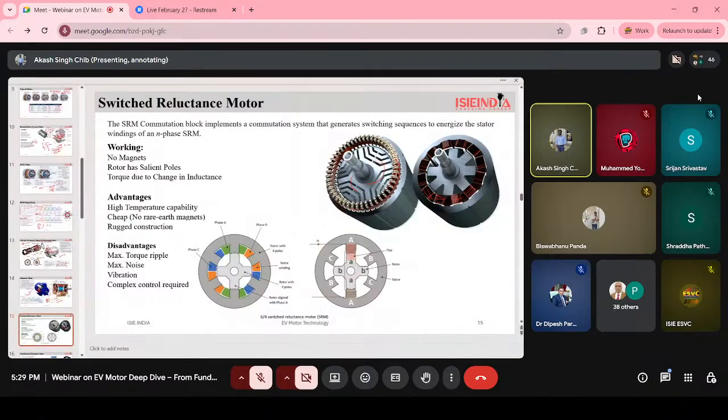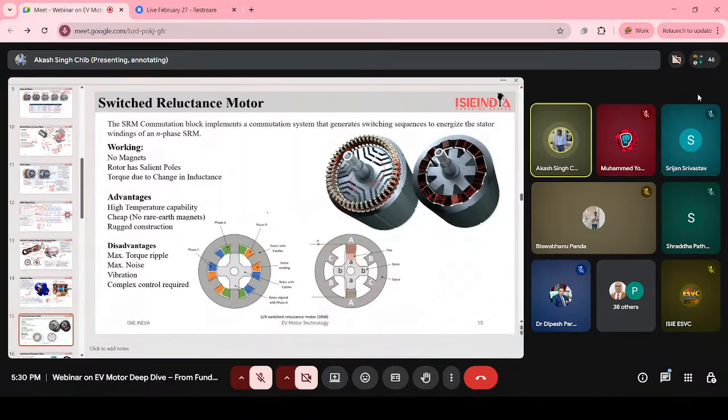When the current flows in the stator phase in this motor, a magnetic field is created. Then the rotor moves to the position of minimum reluctance. Mark, listen to my words carefully. When the magnetic field is created inside the stator, the rotor moves to the position of minimum reluctance.